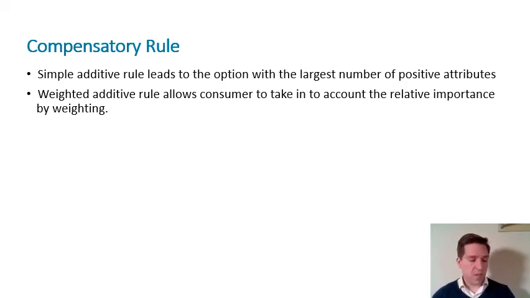For example, you could have a TV with a screen size that is a little bit smaller, but by paying a lower price, you are making up for the smaller screen size. This would be a compensatory rule, where you can literally compensate for one of the attributes with another.